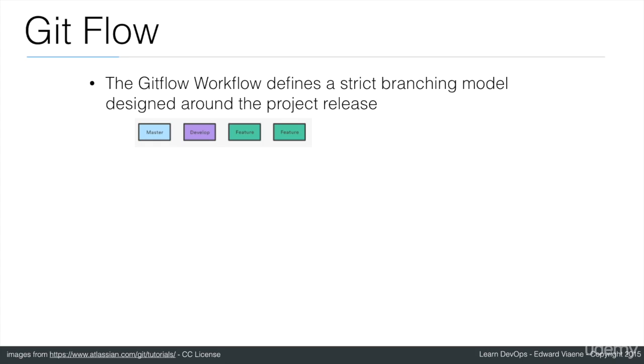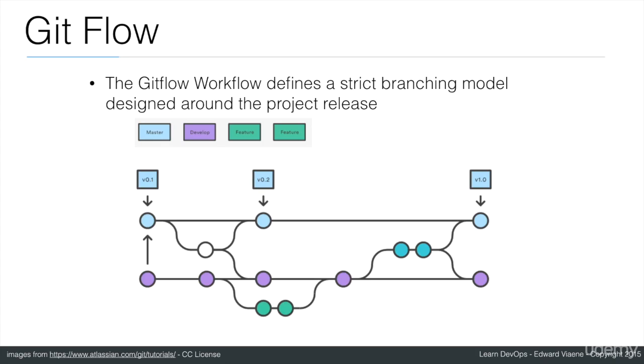Now it's time to talk about best practices. The Git flow workflow defines a strict branching model designed around the project release. It basically forces every developer to use a feature branch, which is in green in the picture. Once a developer finishes working on the feature branch, he'll merge it with a branch called develop.